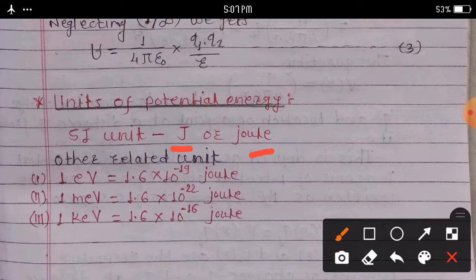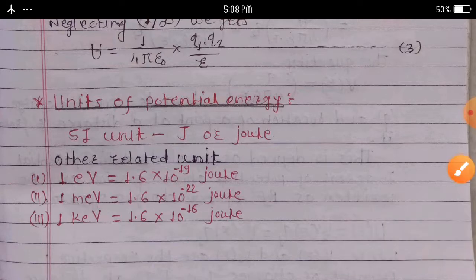Other related units: 1 electron volt is equal to 1.6 into 10 raised to minus 19 joule. 1 milli electron volt becomes 1.6 into 10 raised to minus 22 joules. Another unit, 1 kilo electron volt, we can write as 1.6 into 10 raised to minus 16 joule. In this way we can derive this relation.